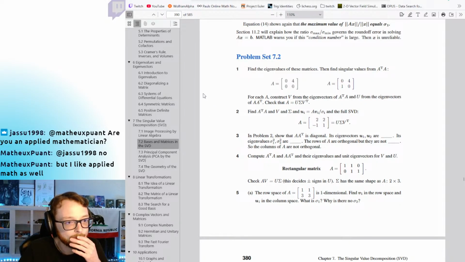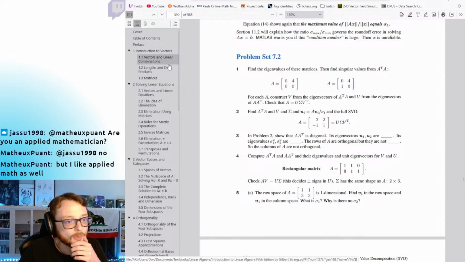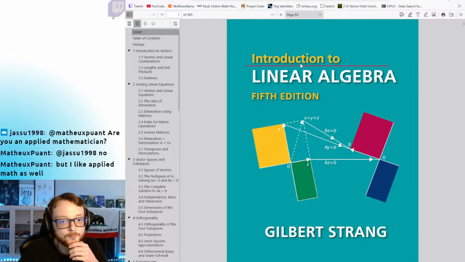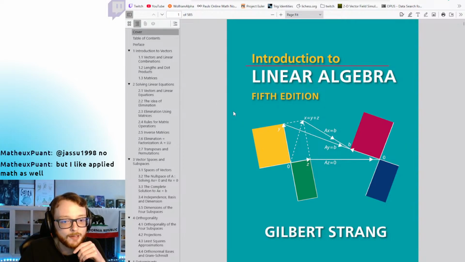This book is honestly, it's not amazing, but it's not bad. I've been trying to relearn the linear algebra that I've forgotten.